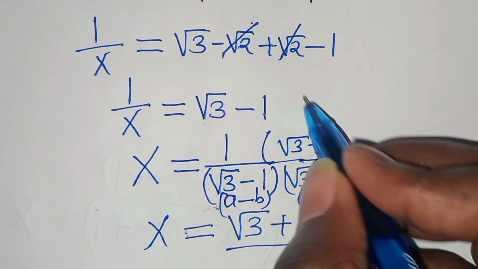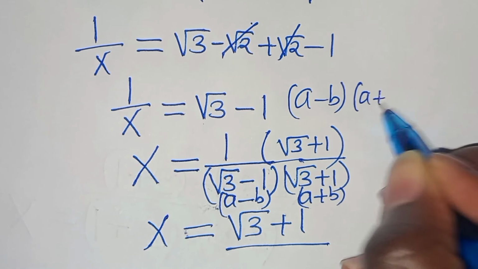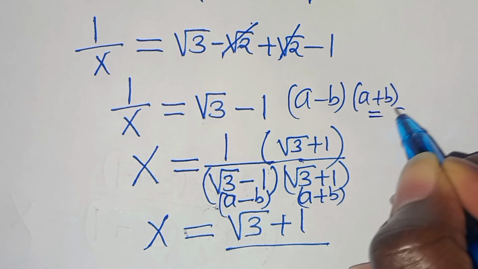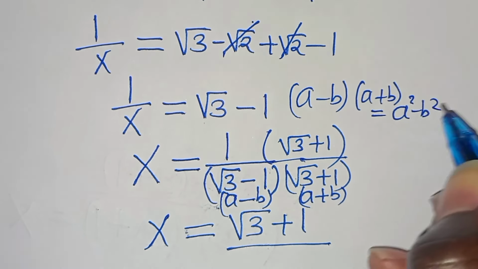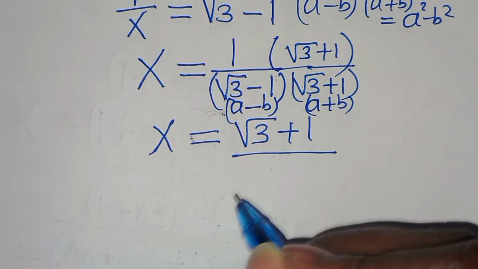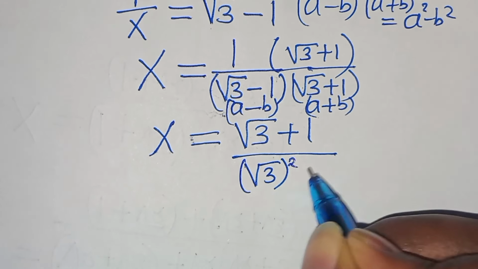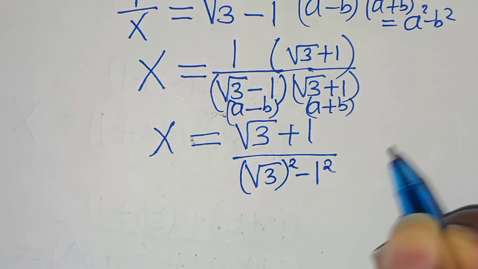And remember, a minus b multiplied by a plus b, this is equal to a squared minus b squared. So let's again use this identity, so that now in the denominator we have square root of 3 squared minus 1 squared.